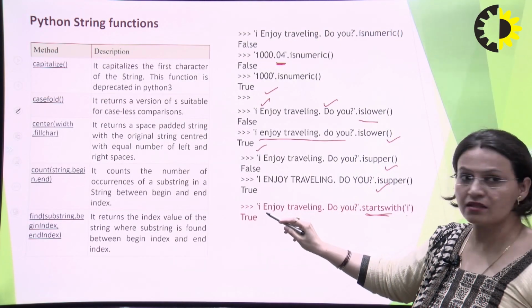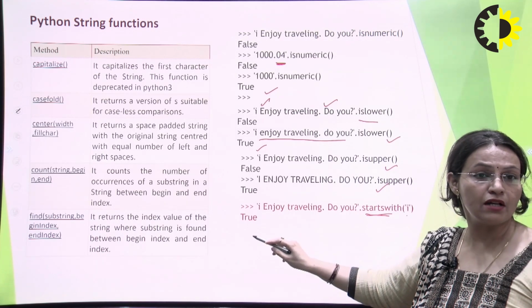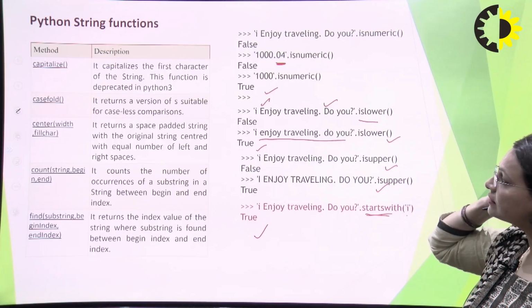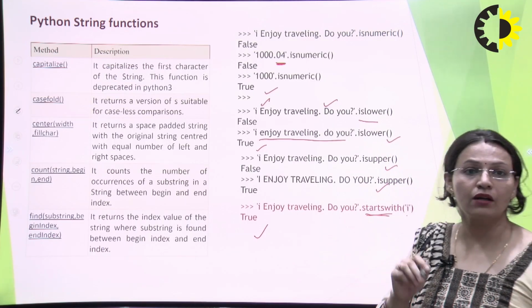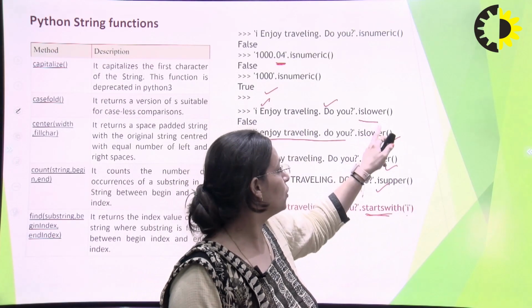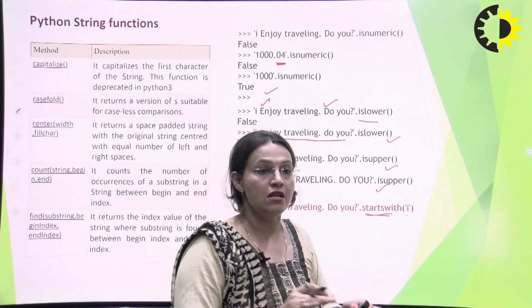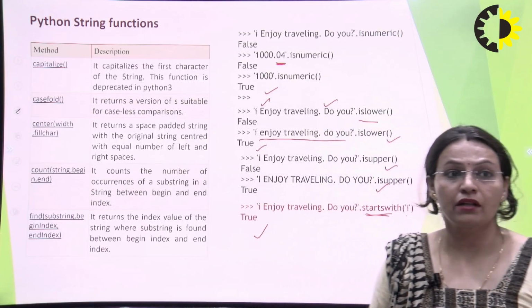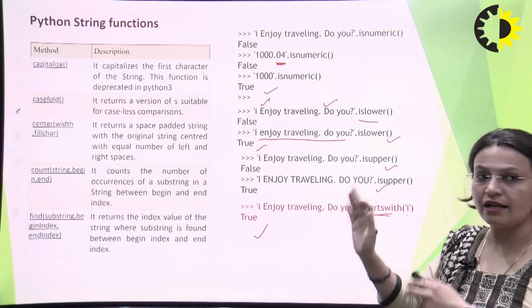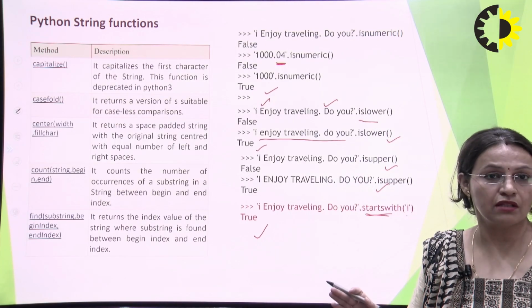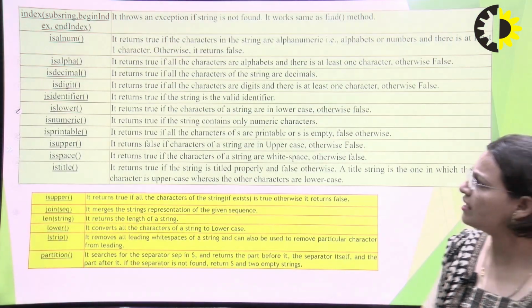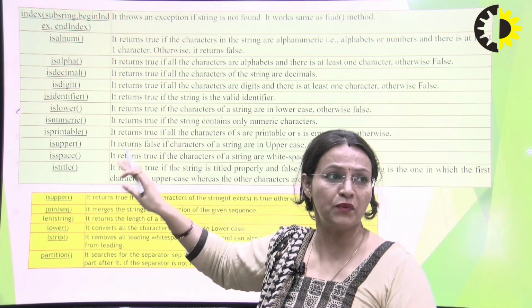Yes, this is starting with I, so the output will be true. So every function that starts with is asks a question about the string, whatever the condition being checked: lower, upper, alphanumeric, numeric, alpha, and so on. In that case all the answers will be in the form of true and false, that means boolean values. So these are some string functions that we have discussed.